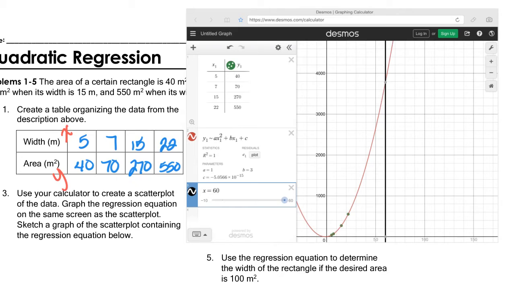So you can see it did drop, and I'm going to change it from red to, let's say, green, just so that we have different colors here. My green is where my area is 1200. And remember, red is my prediction model. So I'm just looking at where they intersect. And so when my y value is 1200, my x value is 33.17. So you can use it that way.